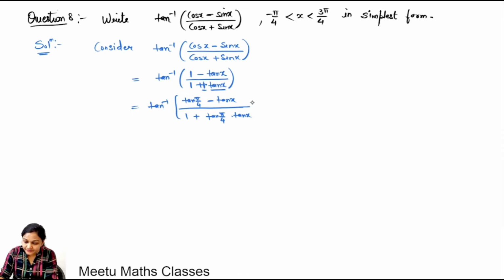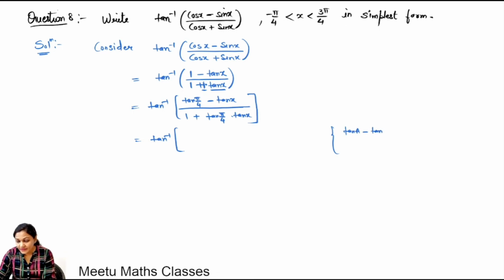So we can write our function like this, and we know that tan A minus tan B upon 1 plus tan A tan B is equal to tan of A minus B. So by using this, we can write this as tan of pi by 4 minus x.